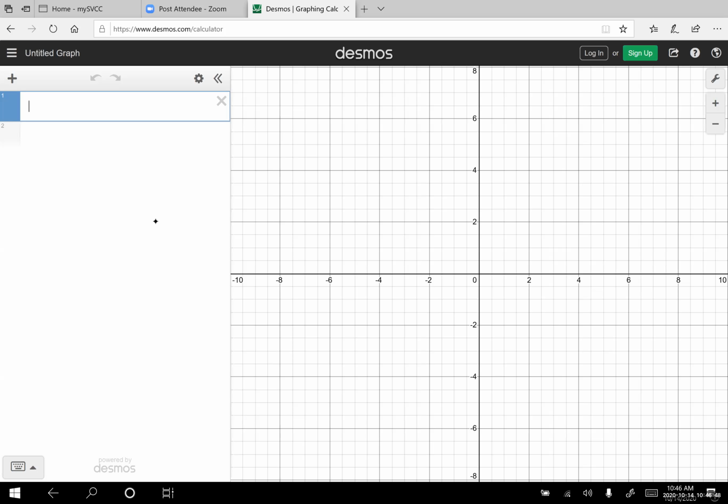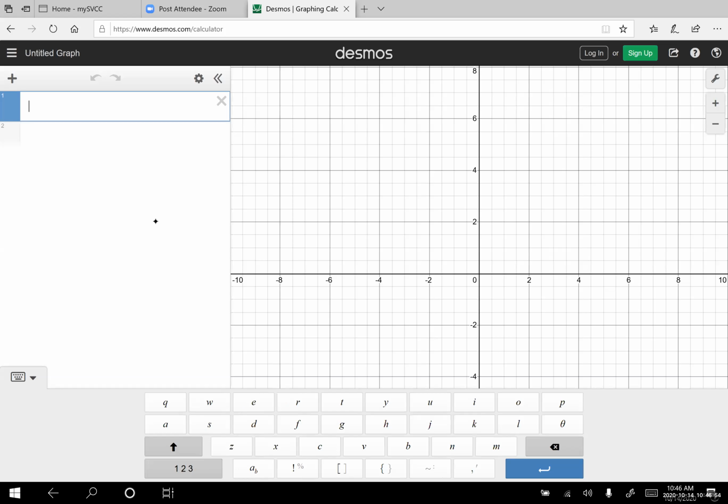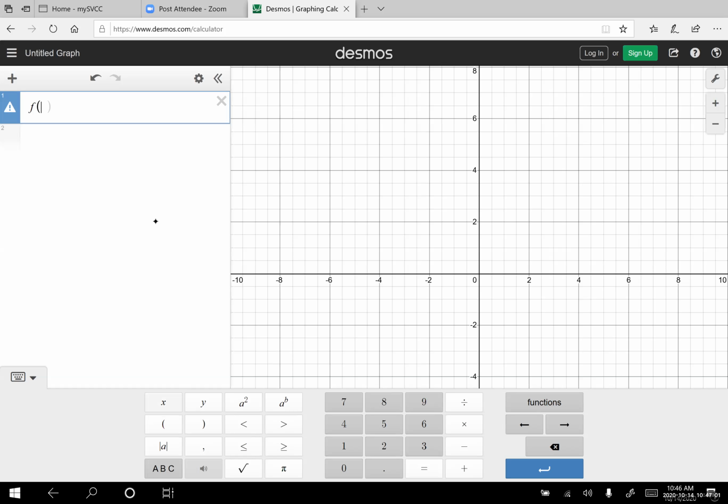I'll use the same function notation just because I want to be consistent. So I'll use this f of x notation, even though it takes a little bit longer to type in. F of x equal to, let's do that x squared, which of course is the same as writing y equals x squared.